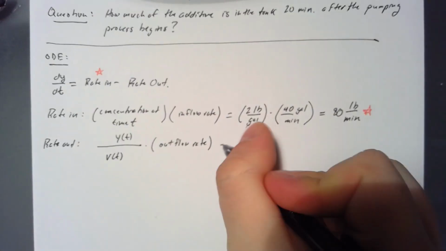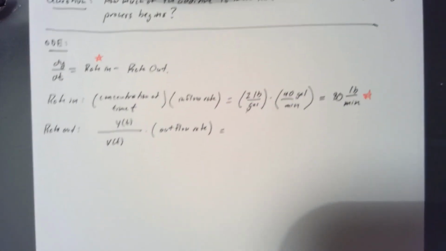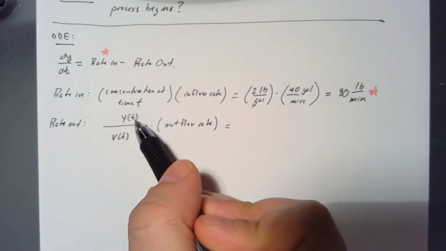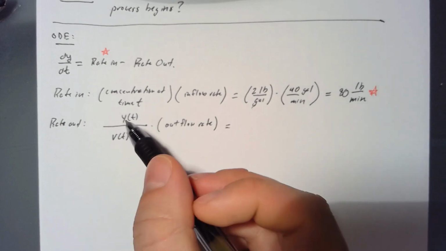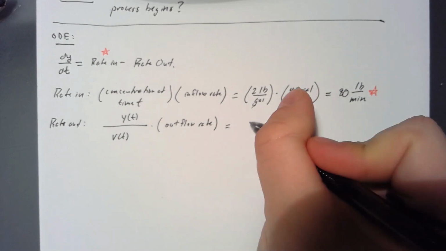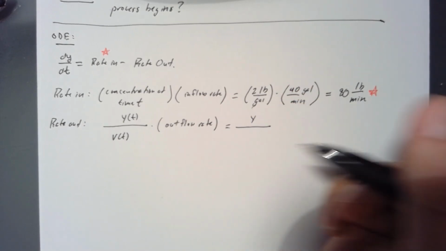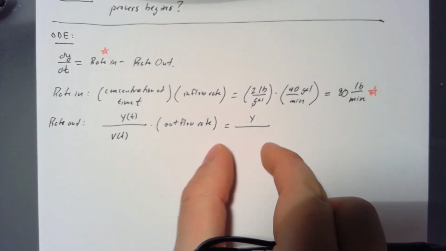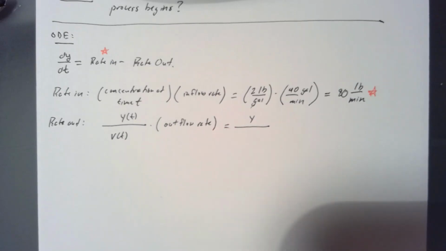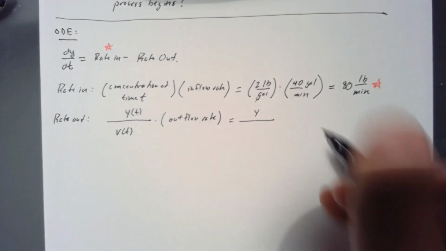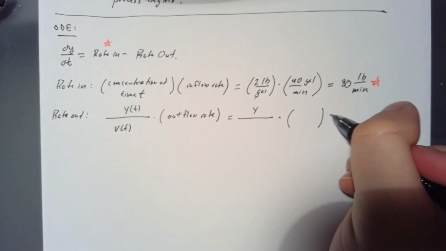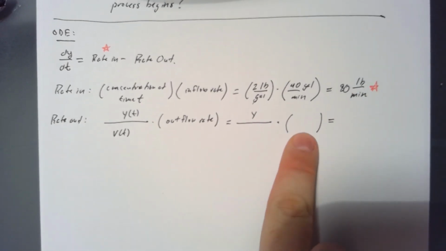So let's go through this. What did we say Y was going to be? That's the amount of stuff, so we're just going to let that be Y. That'll always just be Y. V of t, we don't know that yet. I'm going to put that here and work on it down here. But do we know the outflow rate? Yeah, we do. The problem has it.